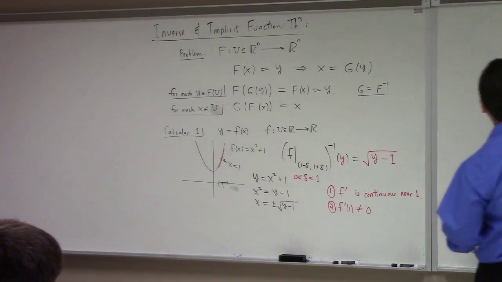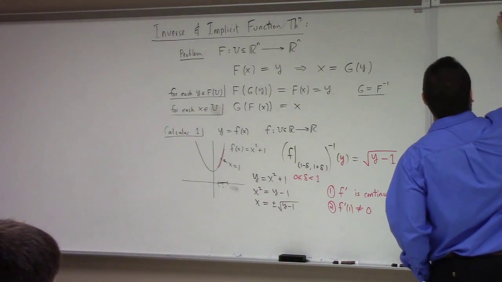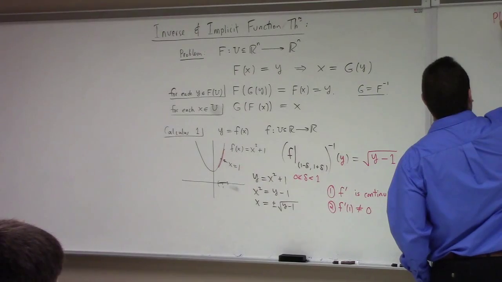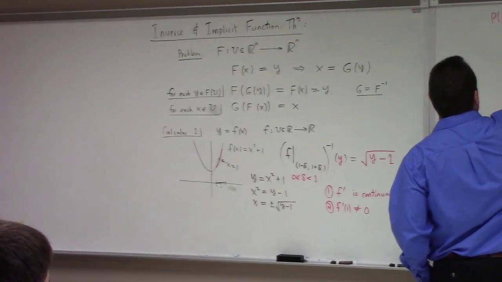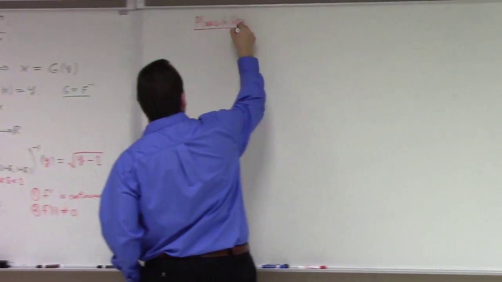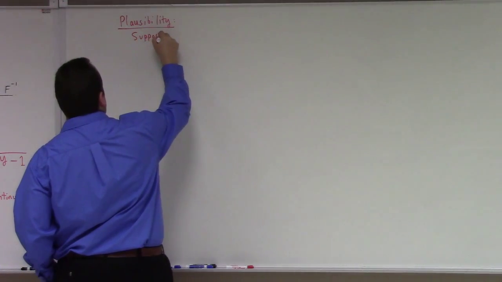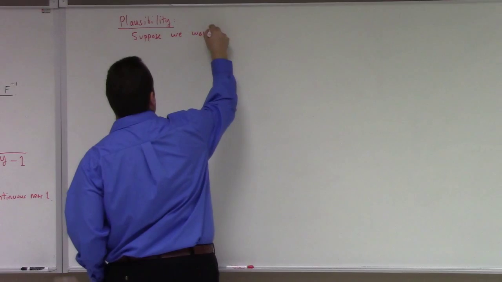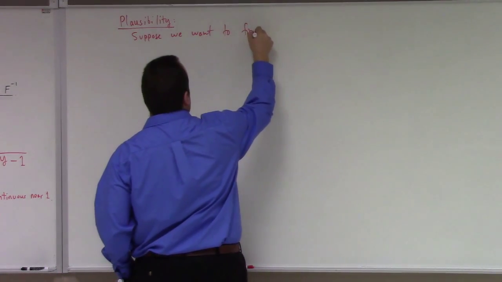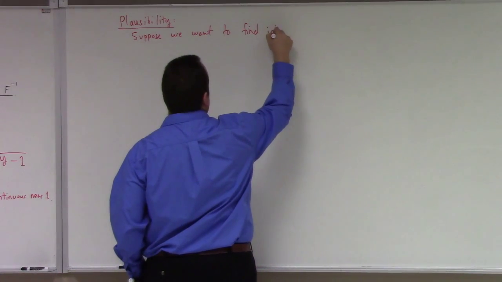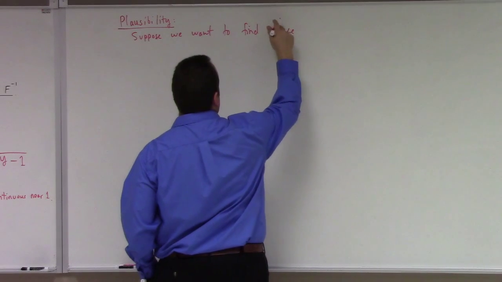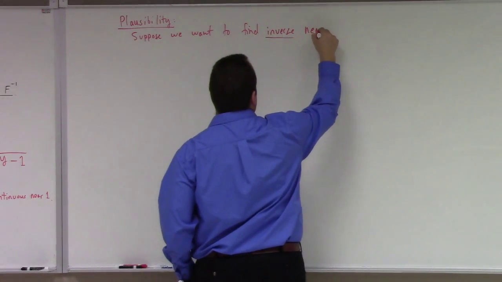So here's the theorem. Well, actually, I won't read the theorem yet. Let me just show you the plausibility argument for the theorem. I'm not going to give you a proof today, but let's suppose we want to find an inverse near x naught.